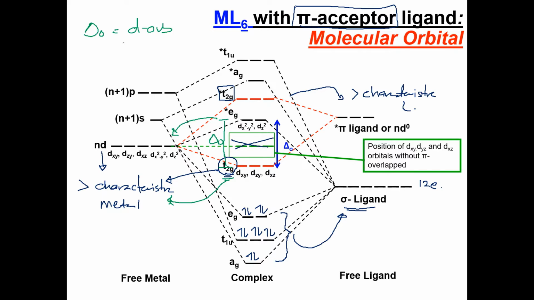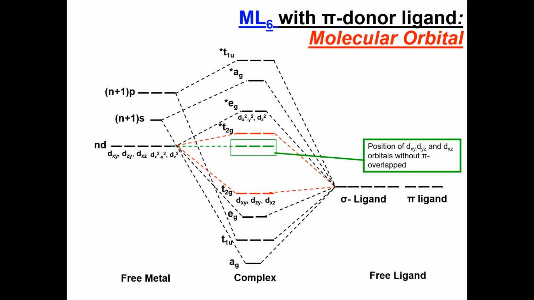So the energy distance to calculate the delta O must be between the T2G and the EG star, not the EG star and the T2G star. Why? Because the T2G star has more characteristic of the ligands, not the metal. So as you see here, the delta O will be of a larger value.